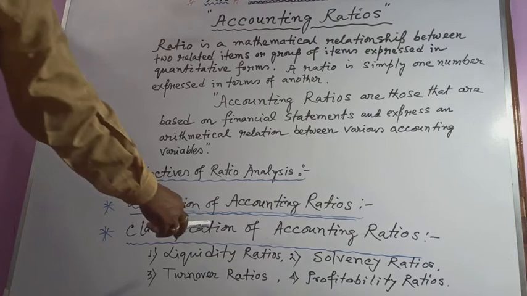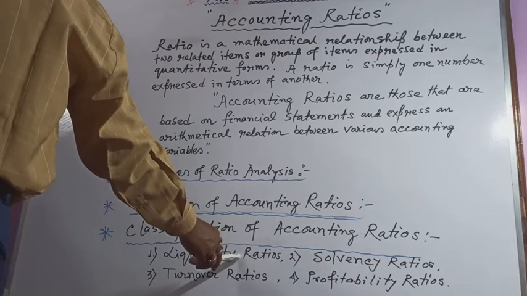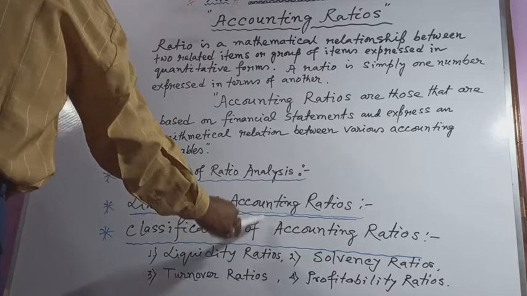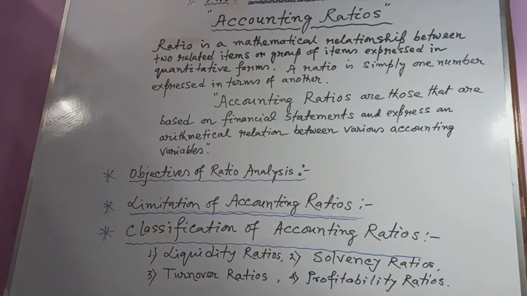Liquidity ratios are again subdivided into 2, current ratio and quick ratio. Okay. Now next, solvency ratio. Point number 2. These ratios are calculated to ascertain the ability of the firm to pay its long-term liabilities.